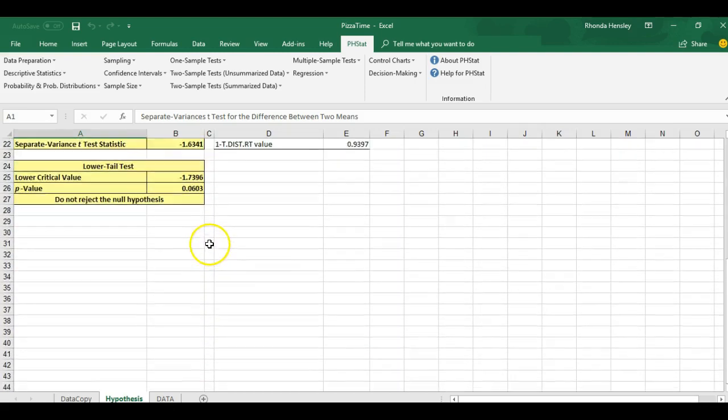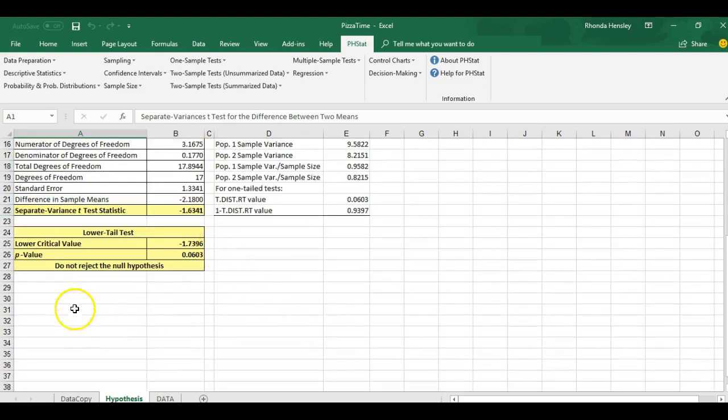When you look down at the bottom, again, what we're interested in our t-test is our p-value. And according to our p-value, it's 0.0603. And what that tells us is that we cannot reject the null hypothesis.